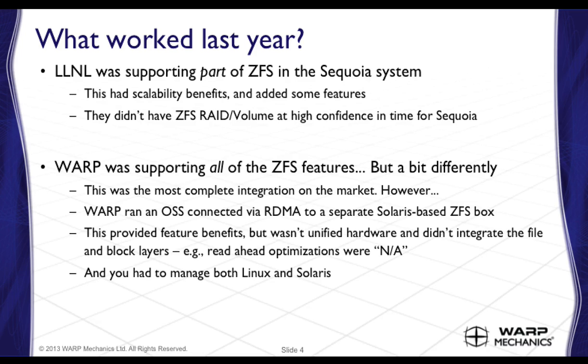So, a couple of years ago, I heard and I thought, well, Warp has a ZFS architecture, and we do parallel file systems, so maybe we should get in on this. And we've been working together with Livermore directly and on our own as well for that time to support ZFS Lustre integration commercially. Up till last year, we implemented that by using a separate ZFS RAID system connected via RDMA to a Lustre object storage server.